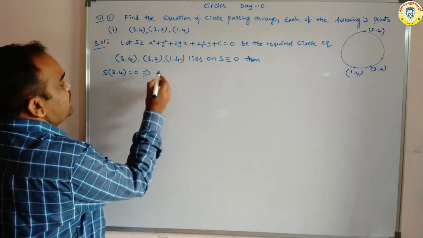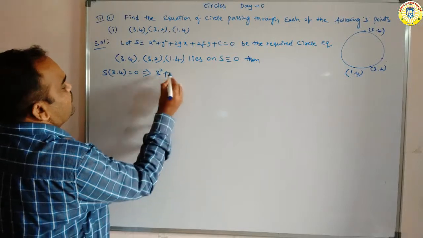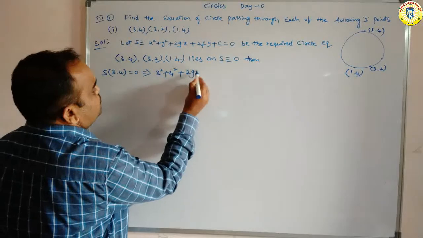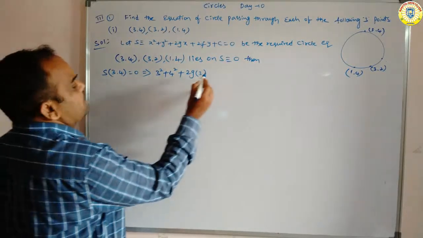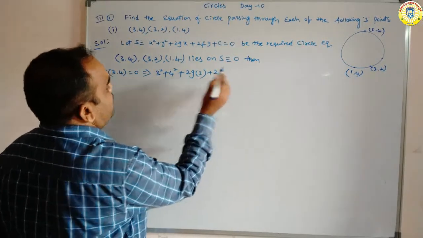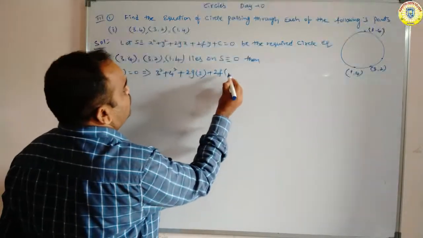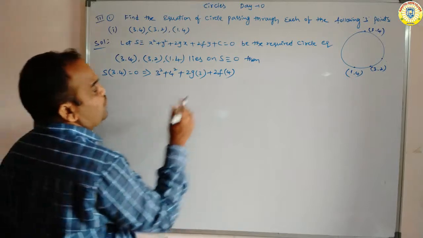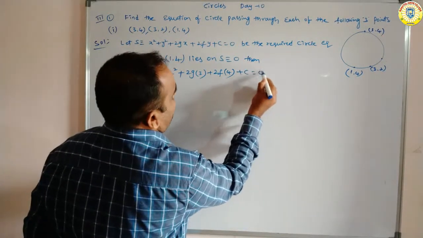That implies x is equal to 3 square, y is equal to 4 square, 2gx, 2g into 3, plus 2f into y, y is equal to 4, plus c is equal to 0.